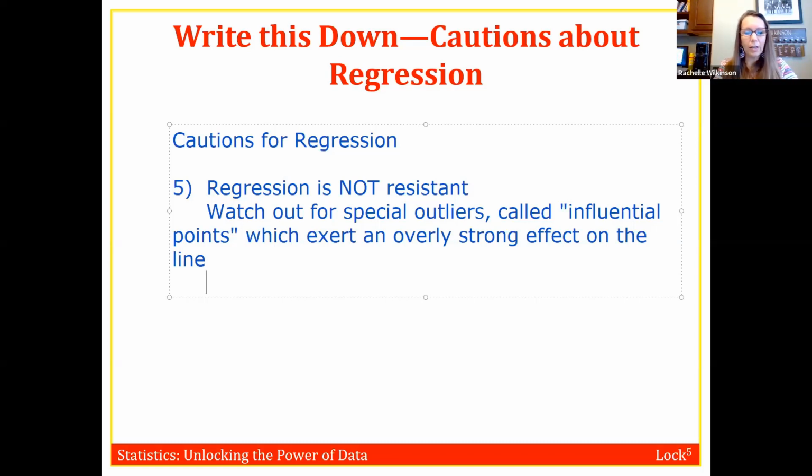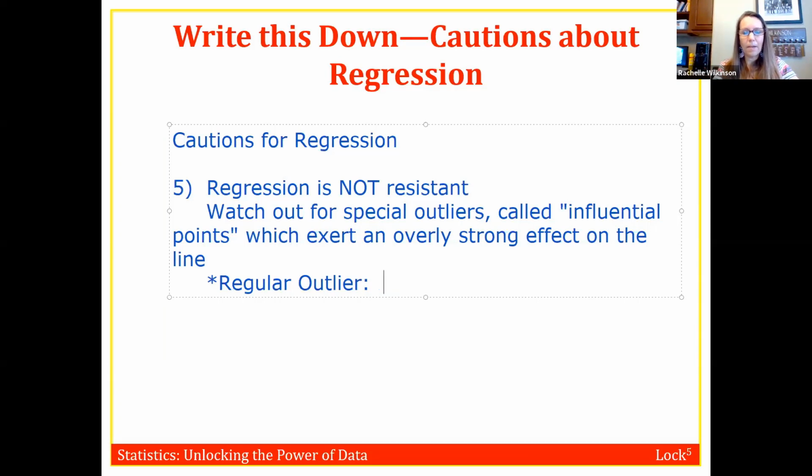So the first one, a regular outlier. A regular outlier is going to be an unusual point that is unusually high or unusually low. So it's going to have an extreme Y value.